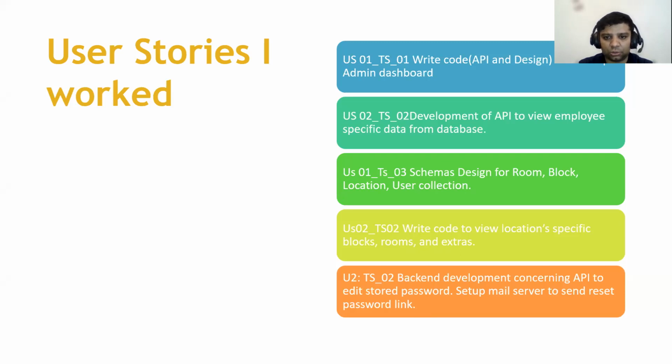Similarly, in user story 2, task 2, I wrote the code to view location-specific block, room, and extras. Similarly, in task 2, user story 2, backend development concerning the API for edit and store password. Similarly, set up an email server to send the reset password link.